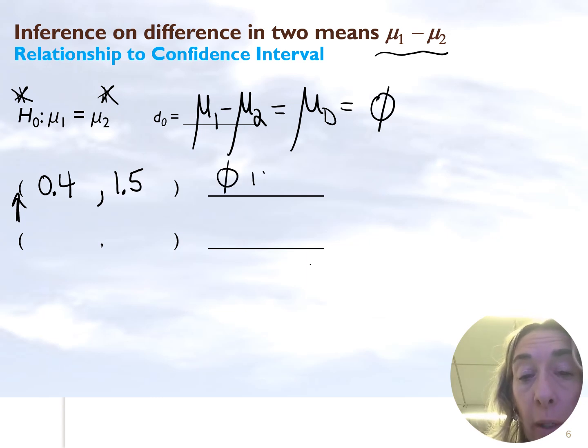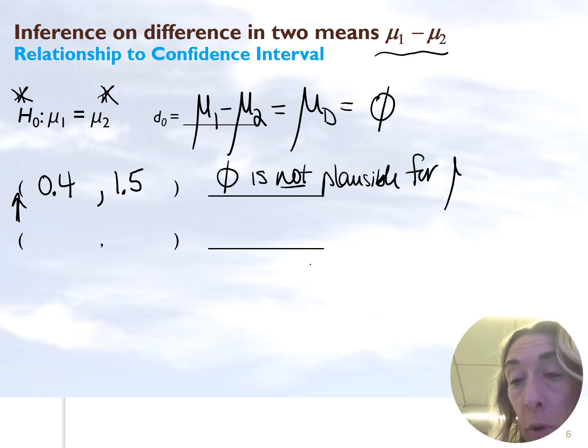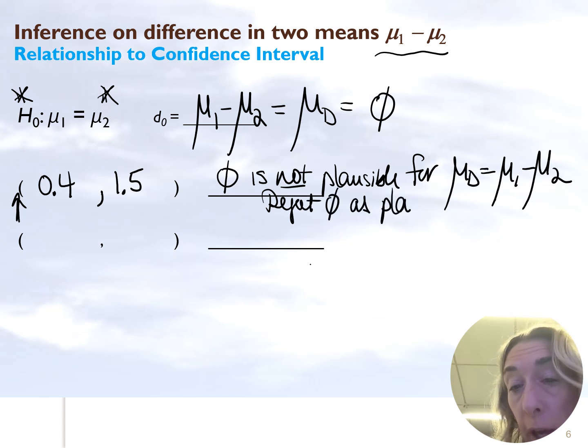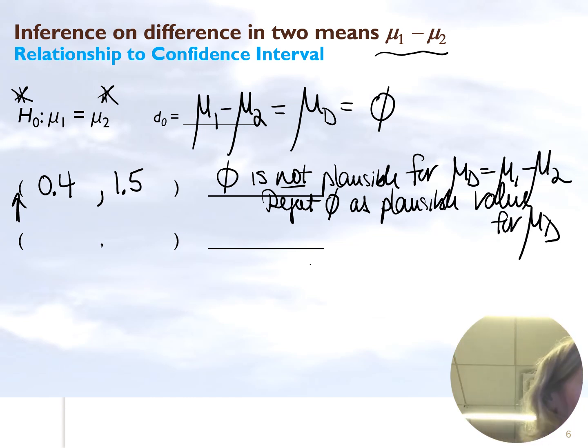Therefore, 0 is not plausible for mu sub D equal to mu1 minus mu2. So we would tend to reject 0 as a plausible value for mu sub D. However, let's say I calculated a confidence interval of negative 0.95 to 1.65.